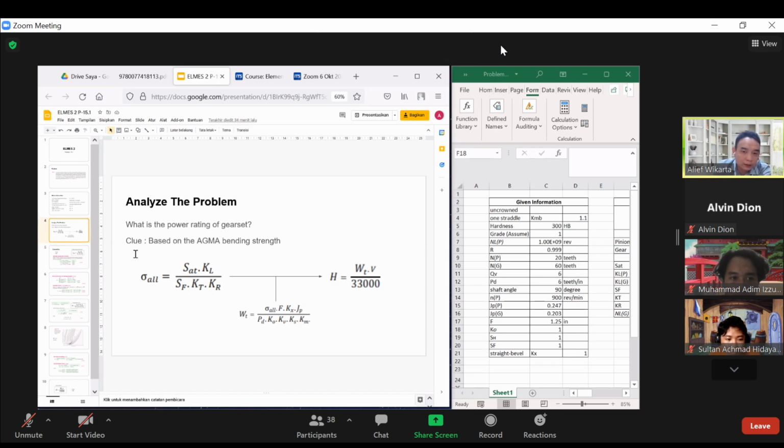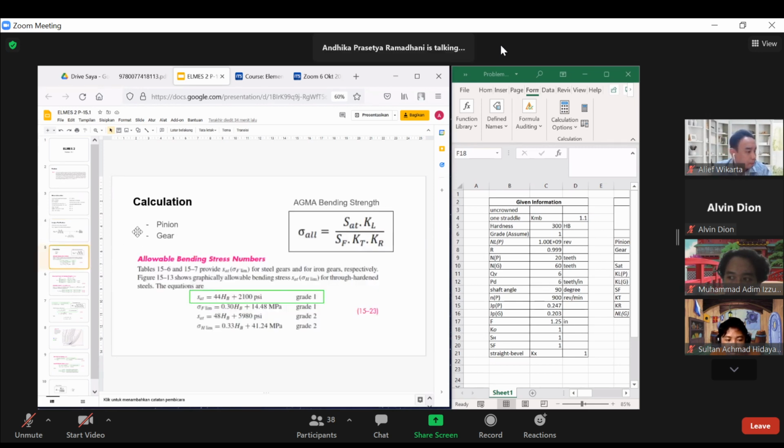So Mas Andika, basically the equation is similar to the helical, right? Almost similar, but here we have Kx. Oh, a different coefficient? Yes, we have one more added coefficient. Okay, please continue. Next is the calculation.